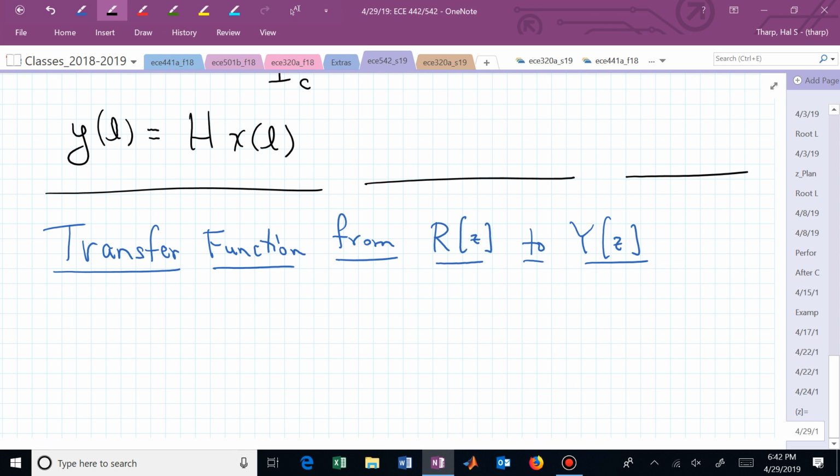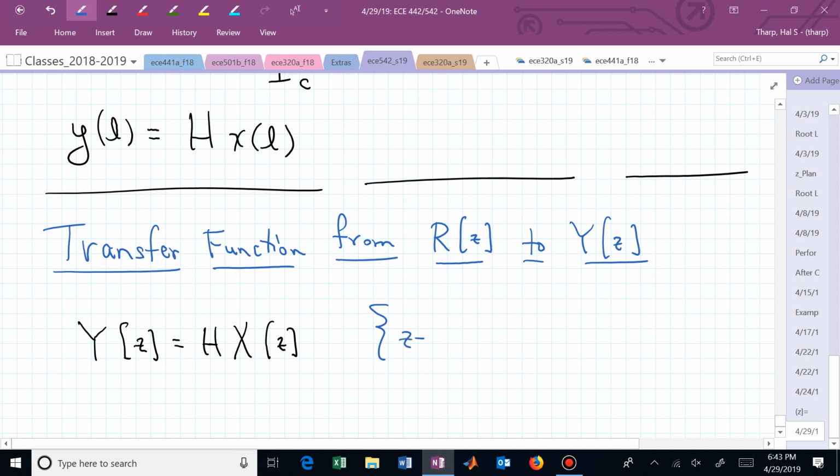We just hit the shift key. This now says that capital Y of Z is simply equal to H X of Z. This is now the Z transform of the output equation.